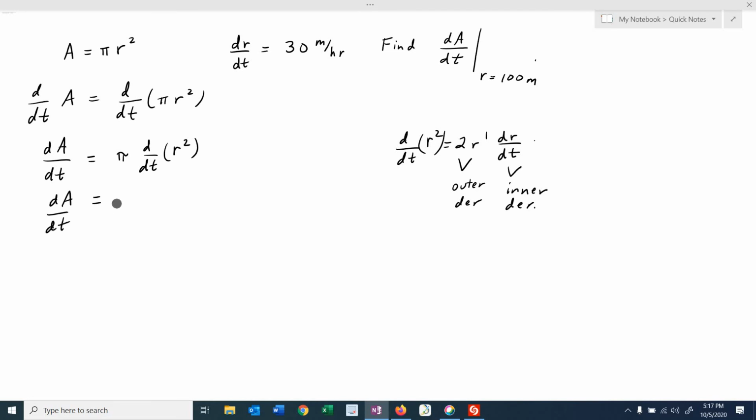Okay, so we get 2r dr/dt, and then that's multiplied by the constant pi. And that's equal to dA/dt, which is what we're trying to find, except we want to evaluate this derivative right when r is equal to 100. So let's rewrite this.